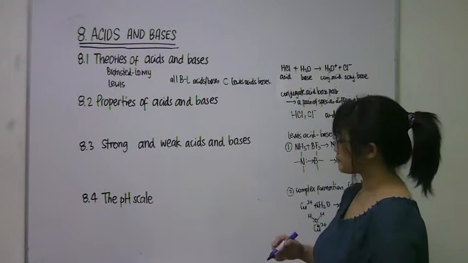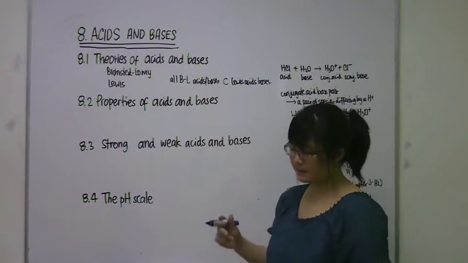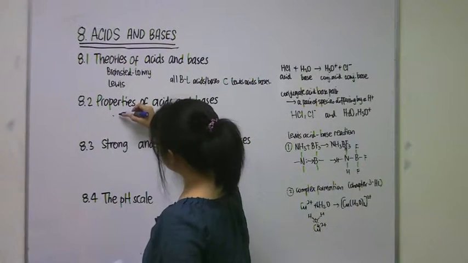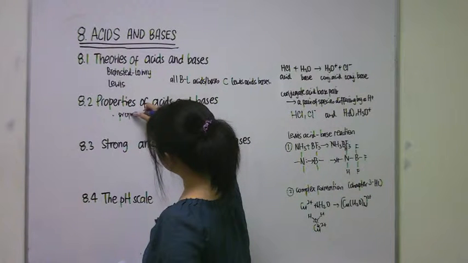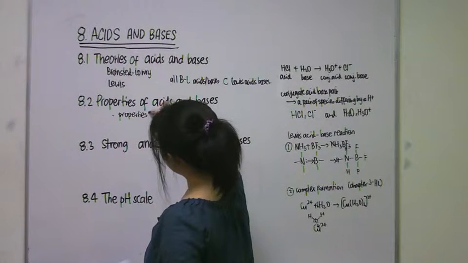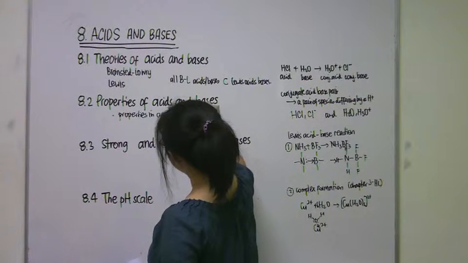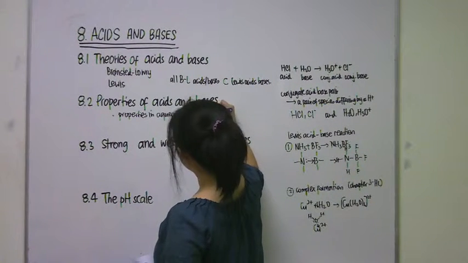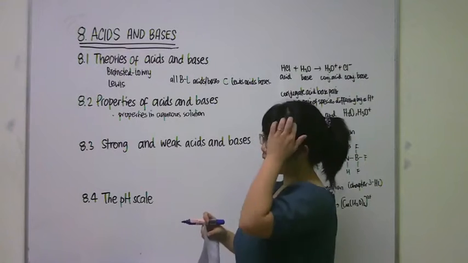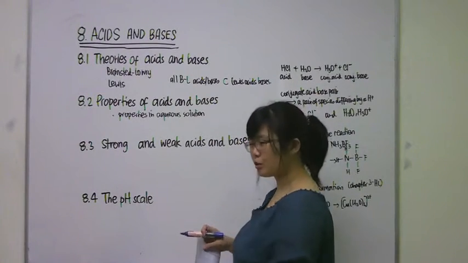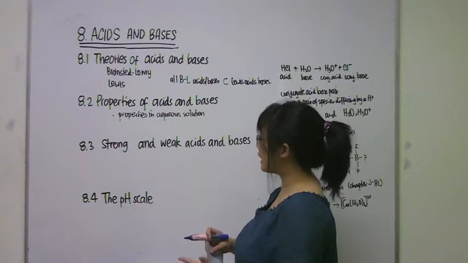Now for the properties of acids and bases, you need to explain to them the properties in aqueous solution. For example, their solubility: certain bases are soluble, certain bases are not soluble, and the soluble ones are called alkali.